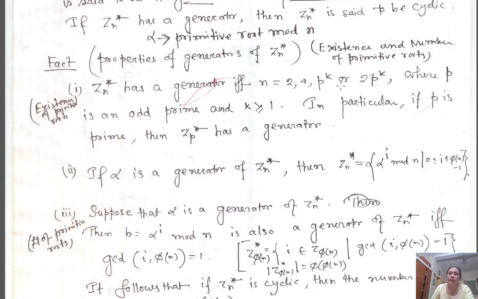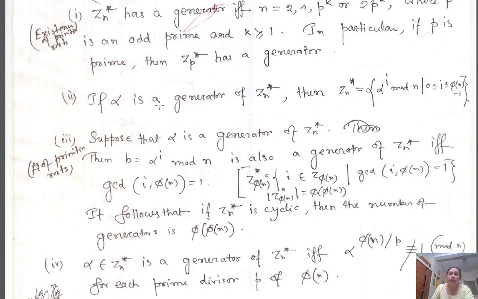In particular, if p is a prime, that means you are considering Zp star with p prime, it always has a generator. Now, if alpha is a generator of Zn star, then Zn star consists of all the powers of alpha.